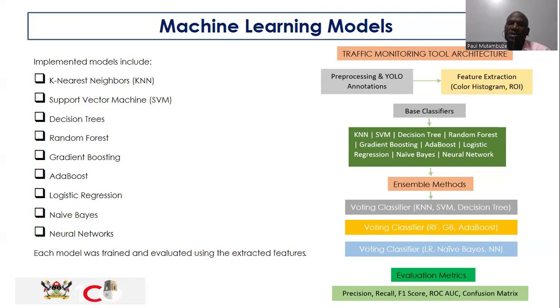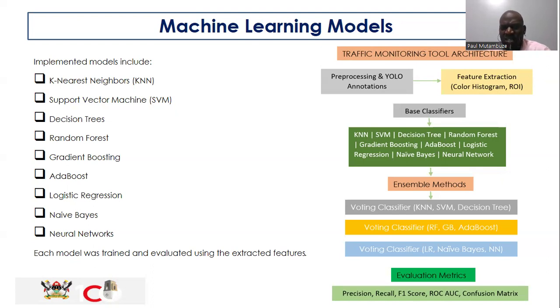The decision tree splits the data based on feature values, creating a tree-like model. Then the RF, random forest, is an ensemble of decision trees combining their outputs and improving accuracy and robustness. Gradient boosting builds sequential models to correct errors made by previous ones.